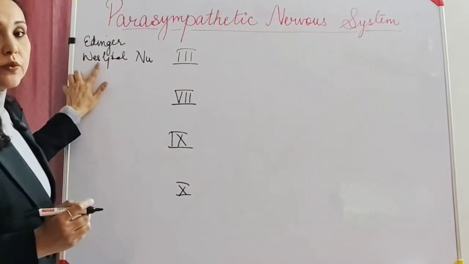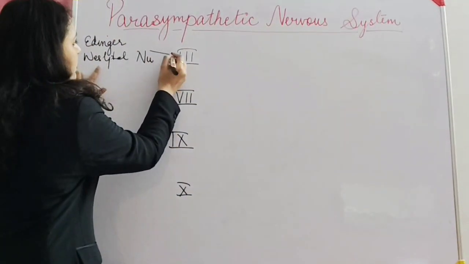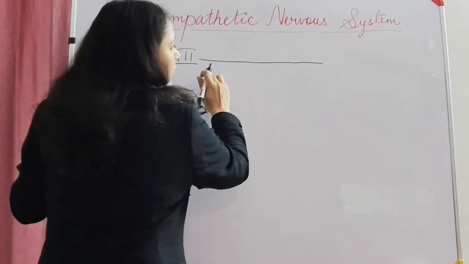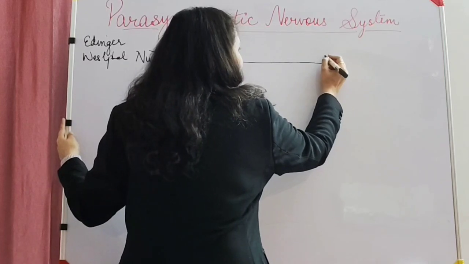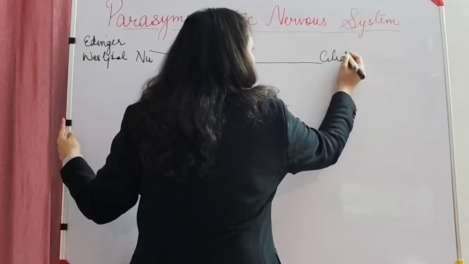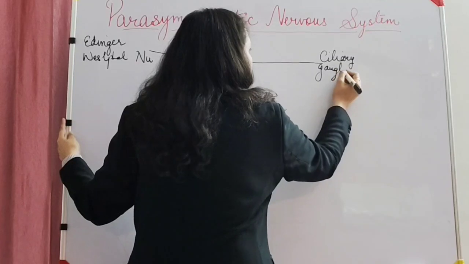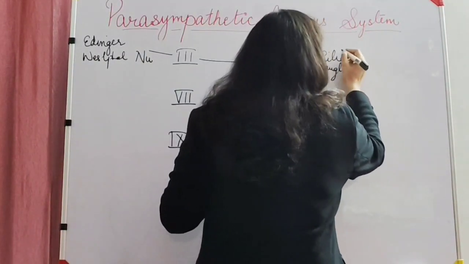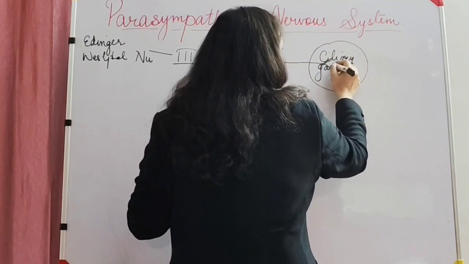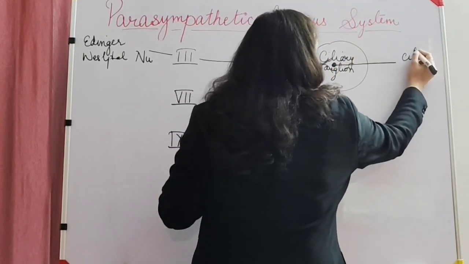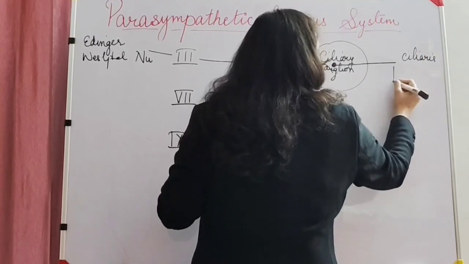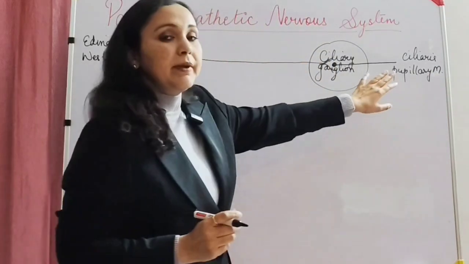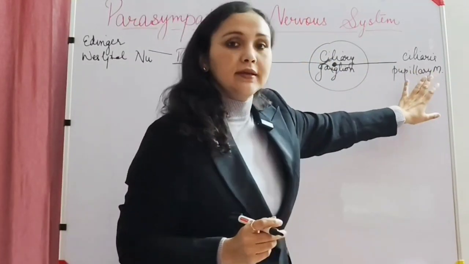It starts from the Edinger-Westphal nucleus. The preganglionic fibers, which are myelinated, go along the 3rd nerve, the oculomotor nerve, and relay in the ciliary ganglion, the peripheral parasympathetic ganglion. Then the postganglionic fibers arise and supply the ciliaris and the pupillary muscles, and help in accommodation and cause pupillary constriction.